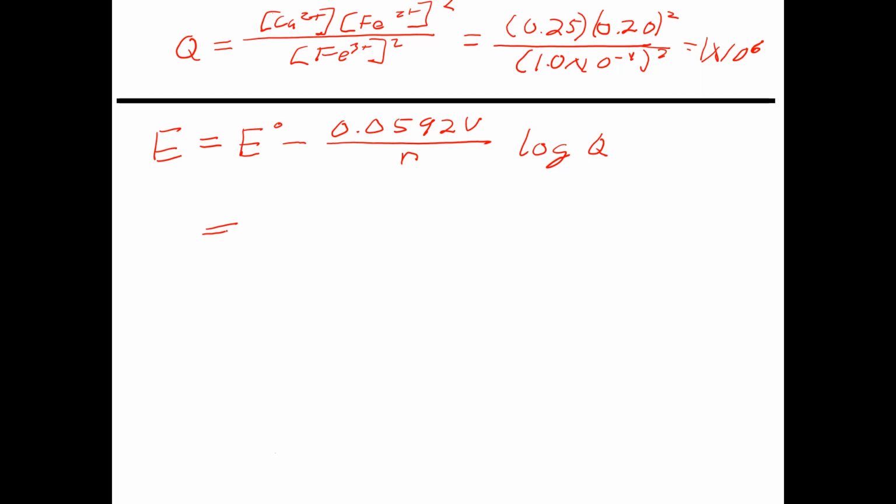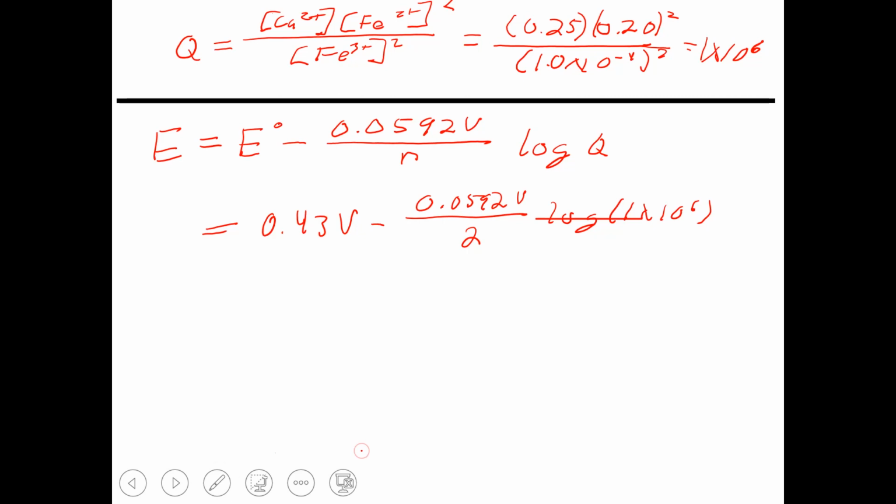So we can now plug in all of our variables. The cell potential is the standard cell potential, 0.43 volts, minus 0.0592 volts over the number of moles of electrons being transferred, which is 2, times the log of 1 times 10 to the 6th.